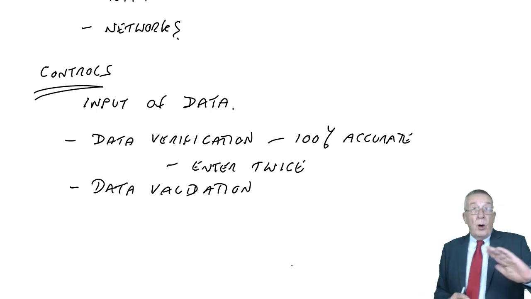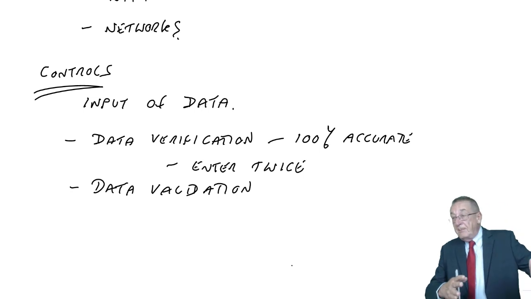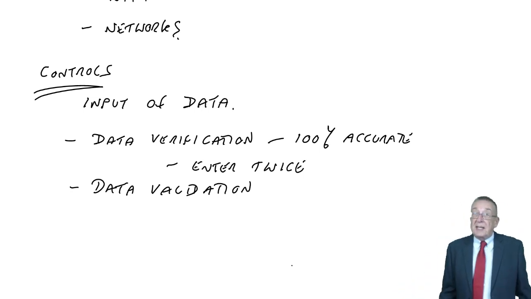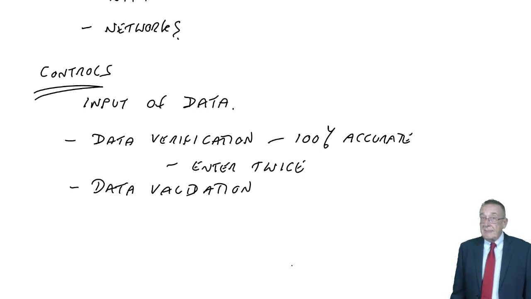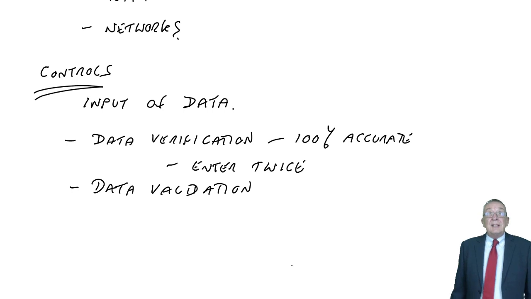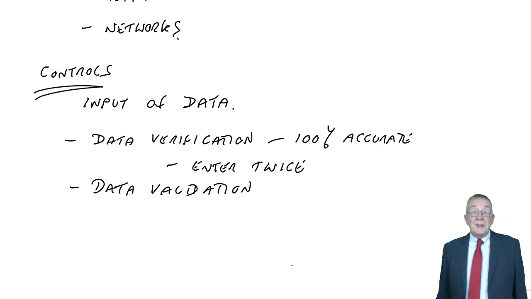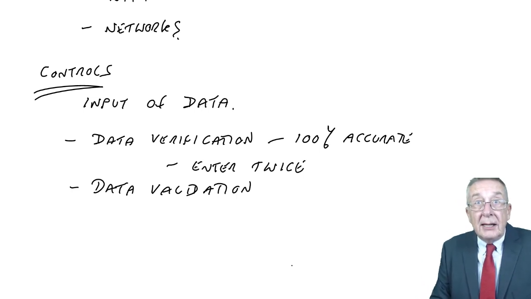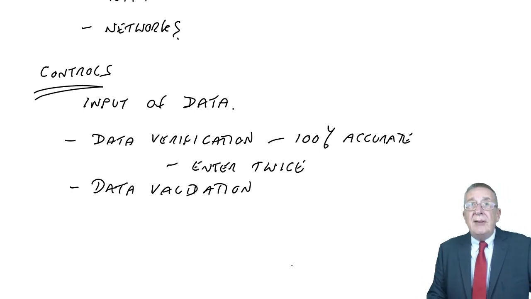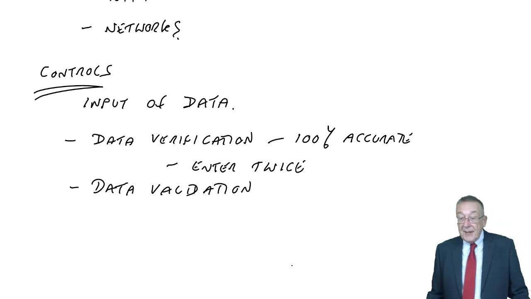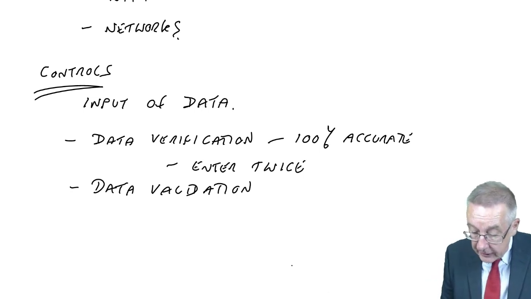And if ever that one person's made a mistake, but the second person has not made the mistake, the computer picks it up and we can check. Now, that's obviously expensive to have two people doing the same job, and it takes more time. But if it is so vital that there are no errors whatsoever, then that really is the only way of achieving it.